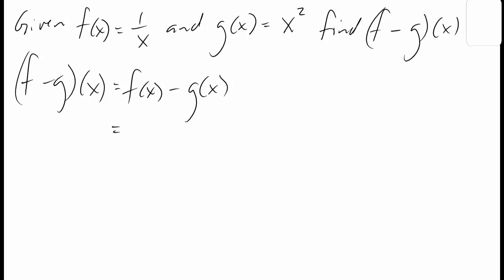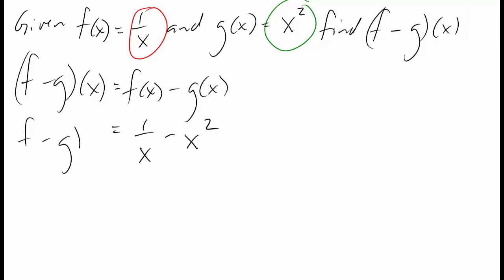So we know that f of x was given to be 1 over x, and g of x is given to be x squared, and this becomes 1 over x minus x squared. There's no like terms for us to combine or anything like that, so that is our f minus g of x.